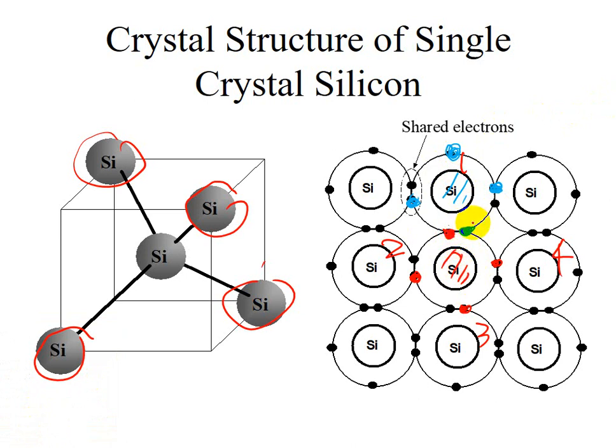So this electron is shared with the center atom, and the red electron is shared by the blue atoms.